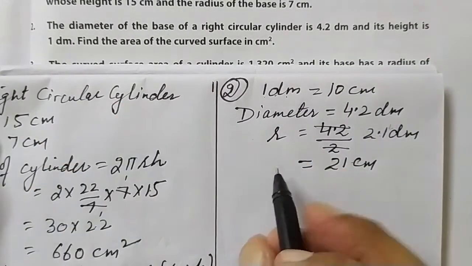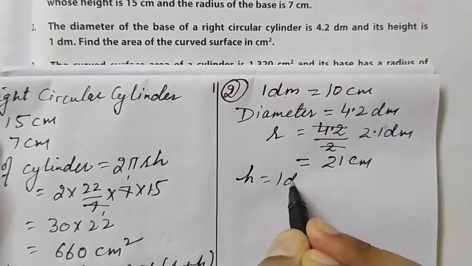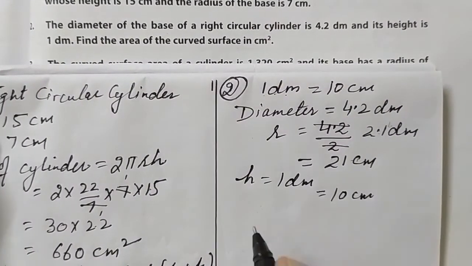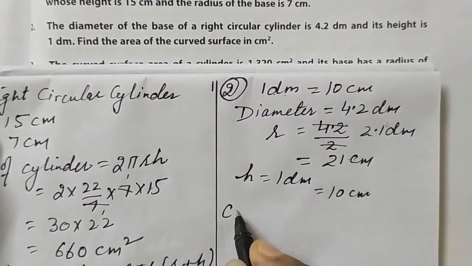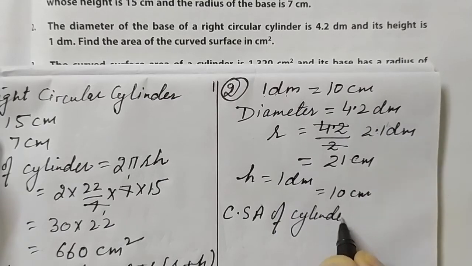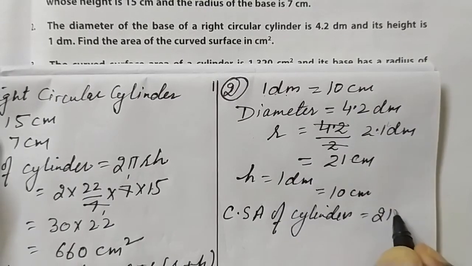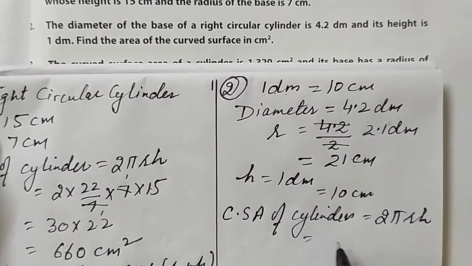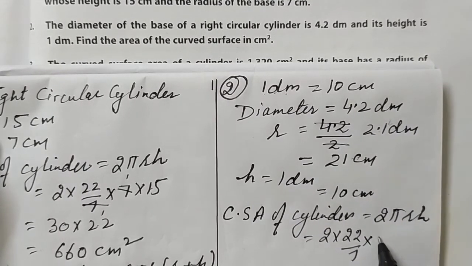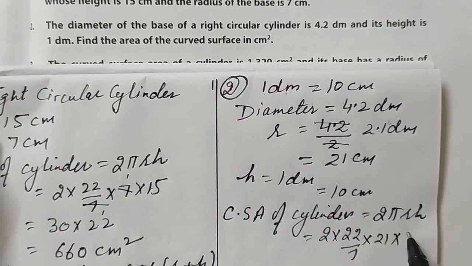And then height is given 1 decimeter. So 1 decimeter, you know that is 10 centimeter. So directly you can change. Now you want to find out the CSA. So the CSA of a cylinder, the formula is with us, that is 2 pi r h. So 2 into pi is 22/7, r is here 21, and h is here 10.